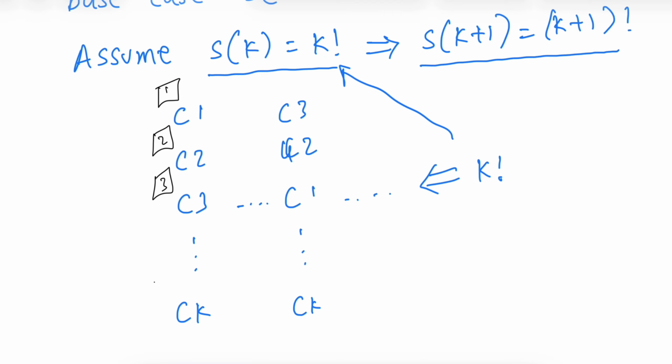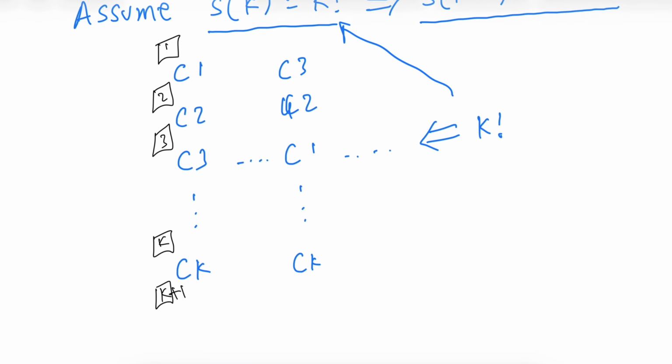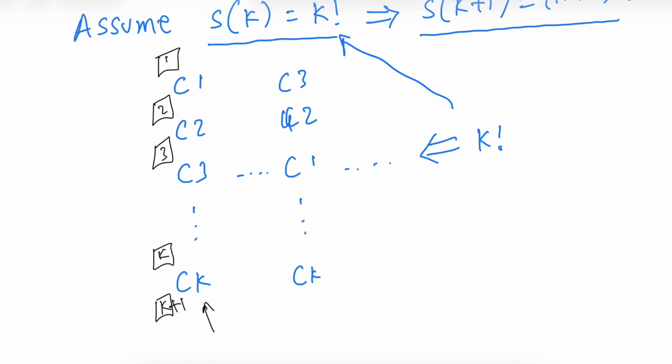So for each of the existing ways, he'll have k+1 possible ways to join this line. So for this one he can join in k+1 ways, and so on, right?